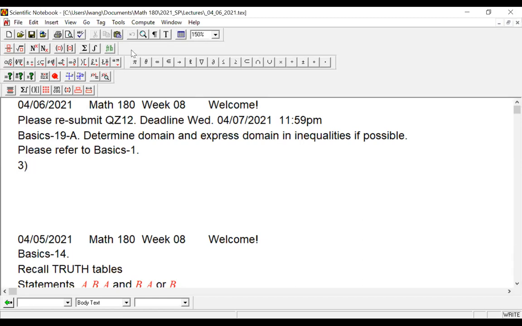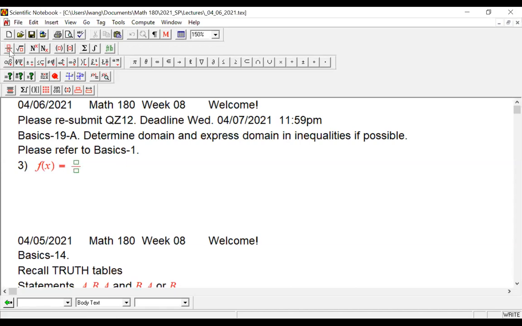Number 3, for example. Let's start from a simple example, number 3, that we have f of x equals 2 over 3x minus 1. What will be the original model to determine the domain for this function? It would be the function in basic 1, which is 1 over x, right?